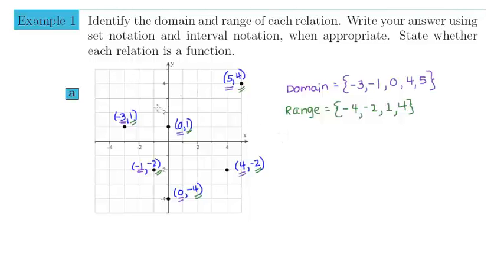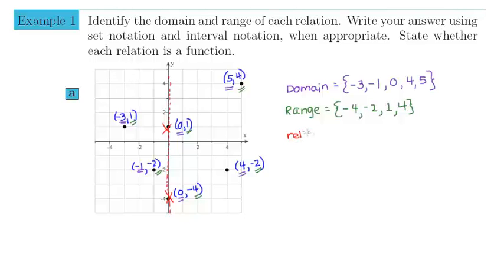Well, notice this relation does not pass the vertical line test. If we were to draw a vertical line right here, straight down, notice that we pass through 2 points, this point and this point. Our x value of 0 maps both to the number 1 and to the number -4. This means our relation is not a function.